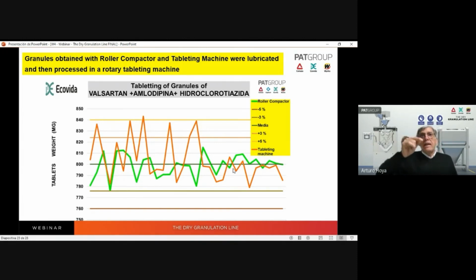If the feeding is different, the pressure will be different, so the hardness of the compact will differ, and after grinding, the slugging, the tablet with low hardness will produce a higher percentage of fines, and this impacts directly on the flowability, as is shown in this graph.